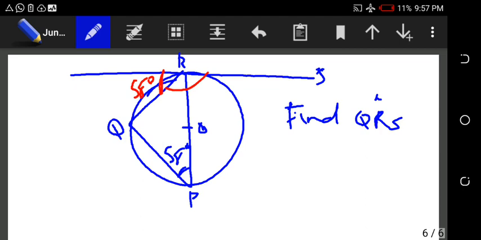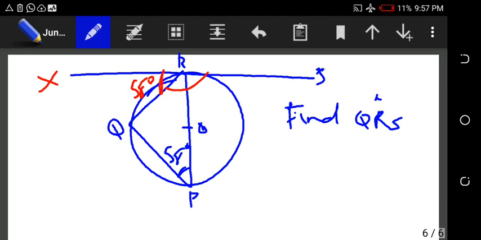Let me call here X, so if angle QRX is equal to 58 degrees, for us to get angle QRS, the two angles all together must sum to 180 degrees, because that is angles on a straight line.